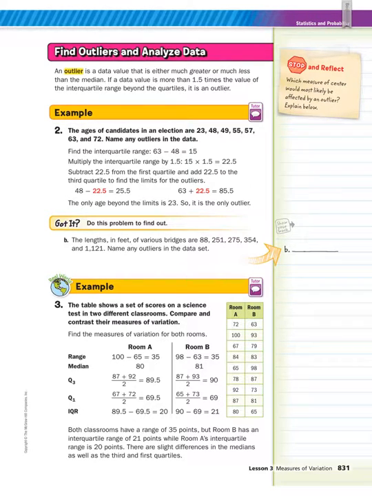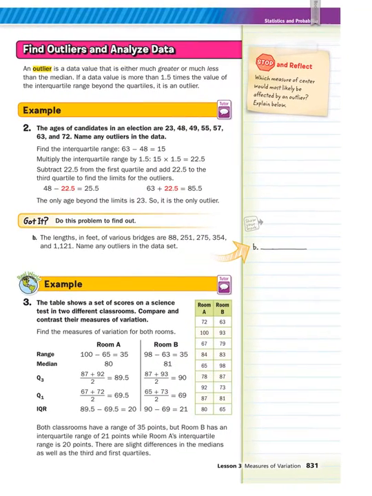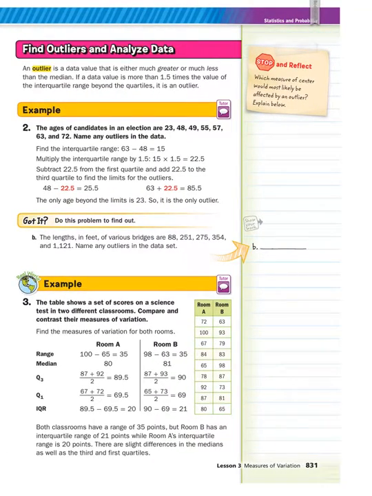Now this is going to be different, so we're going to write down the steps so you can watch how this one works. All right, so first off, example 2 says the ages of candidates in an election are 23, 48, 49, 55, 57, 63, and 72. Name any outliers. Now they already have them in least to greatest order. I'm going to write them down in one line because I don't like when they go on to 2 lines. So let me pause it.